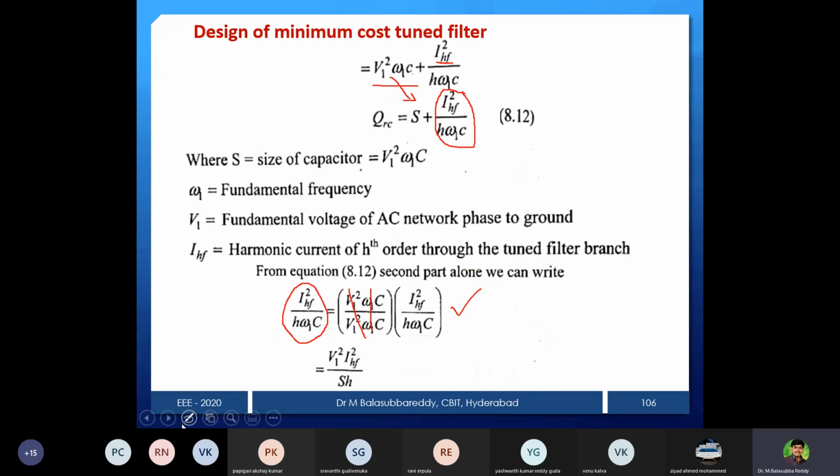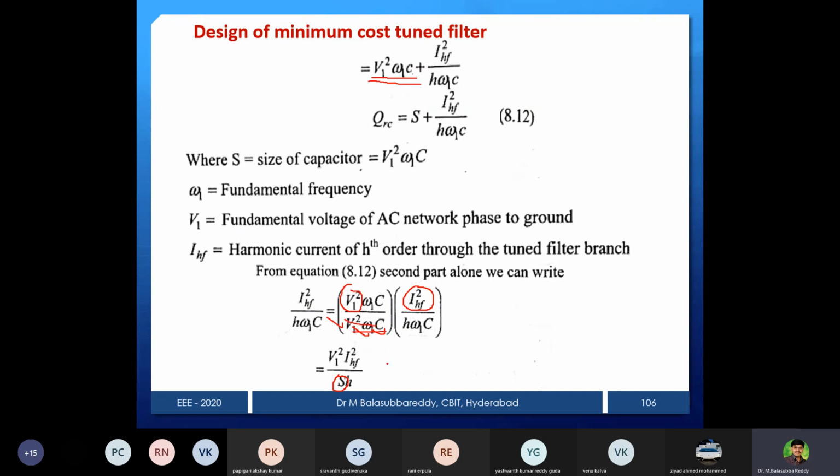But now for our simplification, you can see what will happen, V1 square H, I square HF, this term and this term divided, this factor and this factor I keep as such. And what is left of S, wherever I want to write S, I can write V1 square omega 1C. I can write this denominator as S for replacing this.